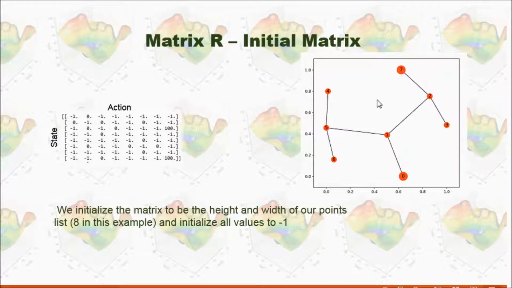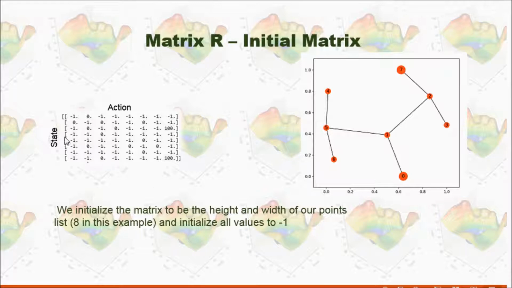And here we will have 8 because we have 8 data points. For the horizontal axis, we have our action. And for the vertical axis, we'll have the state.